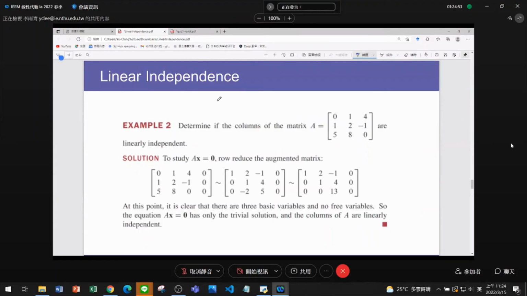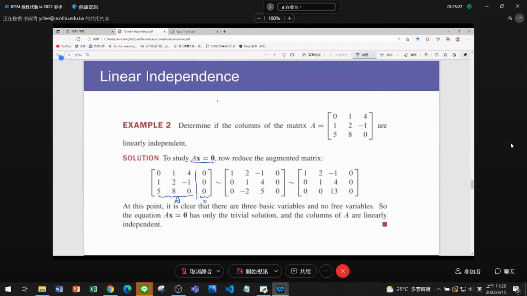So, we're going to study Ax equals to 0 and see if the trivial solution is the only solution. If the trivial solution is not the only solution, that means that the columns are not linearly independent. So we work on the augmented matrix by putting A right here and then putting 0 right here.